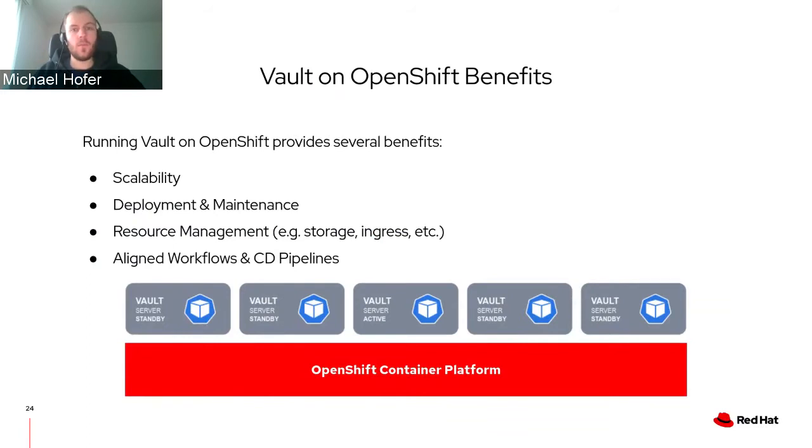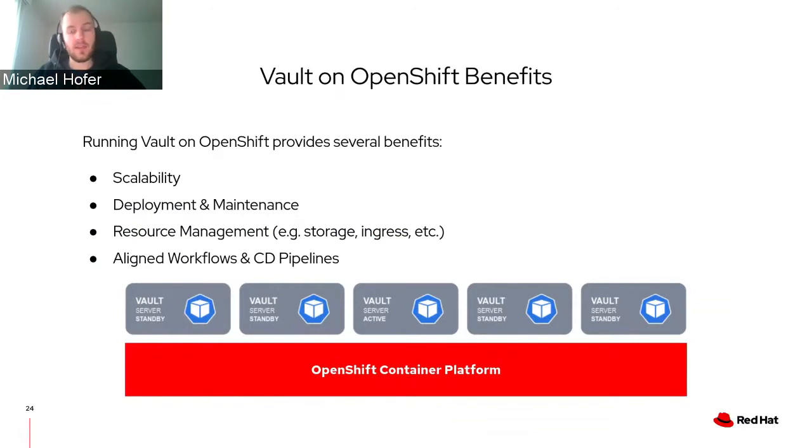So let's say you increase the number of OpenShift nodes in your platform, you can also adapt Vault to that to make sure it has increased availability. You can very easily scale from 3 to 5 pods through a single adjustment of the Vault deployment in the Helm chart.